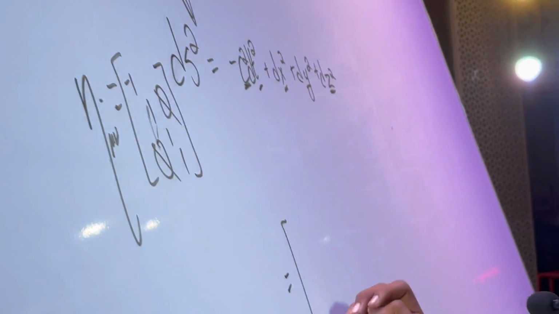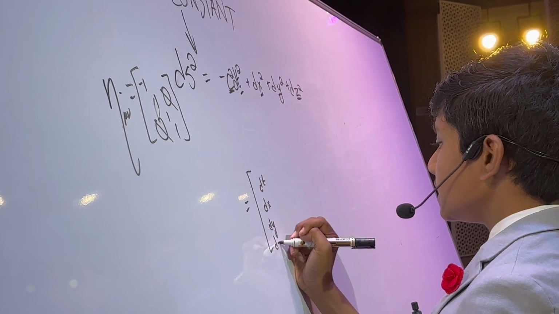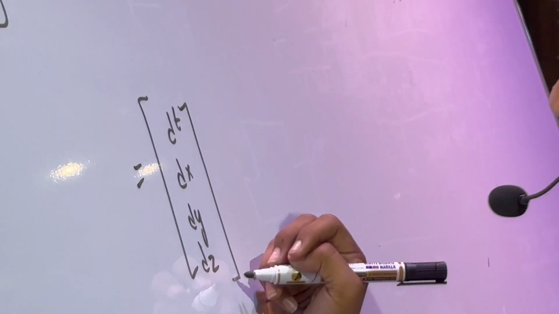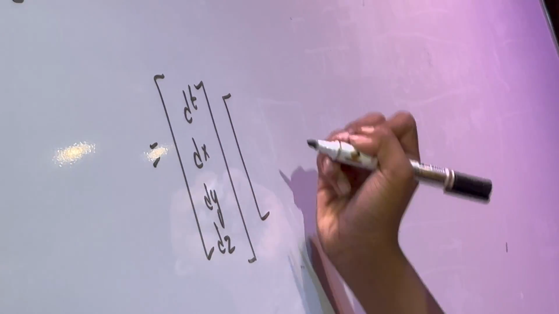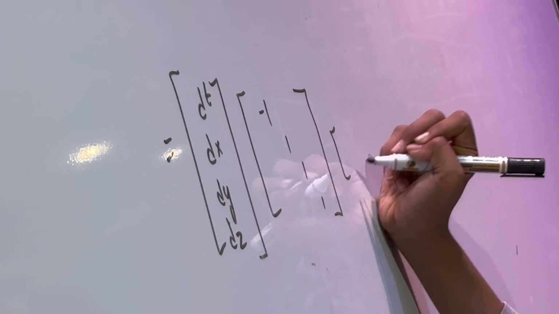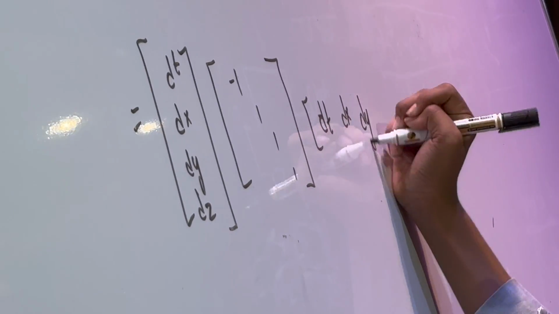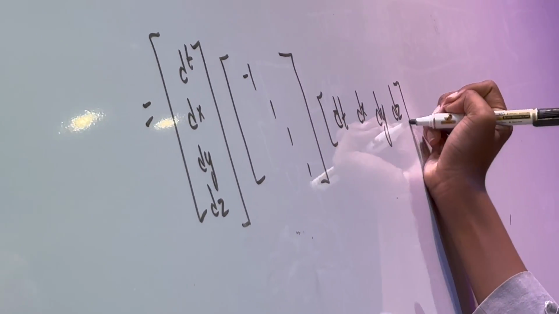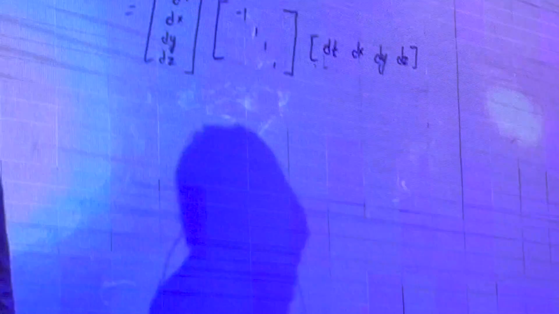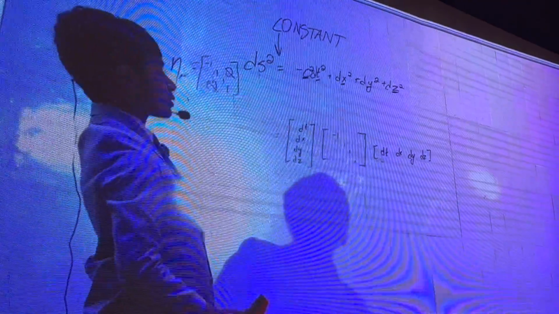You take dt, dx, dy, dz, and then you multiply the metric in the middle, and then you get the row vector dt, dx, dy, dz. You can do the maths by yourself, but all this does is simplify to this form.